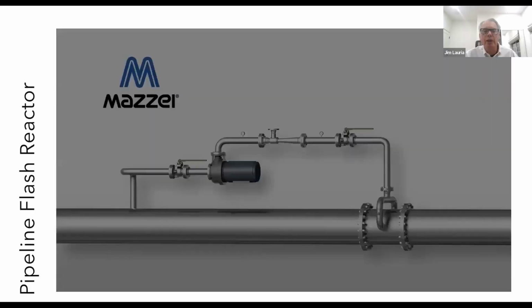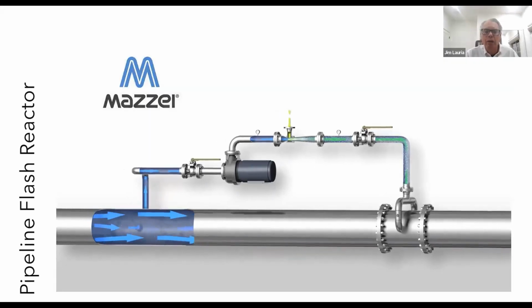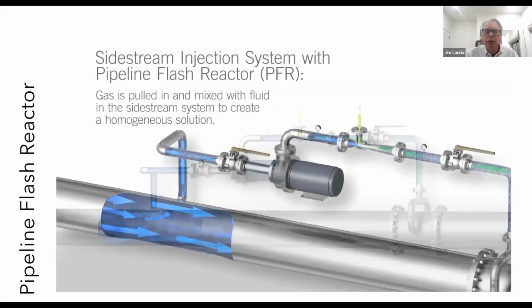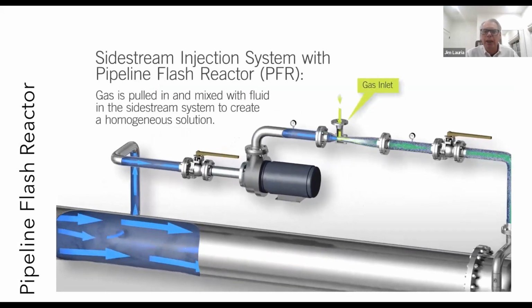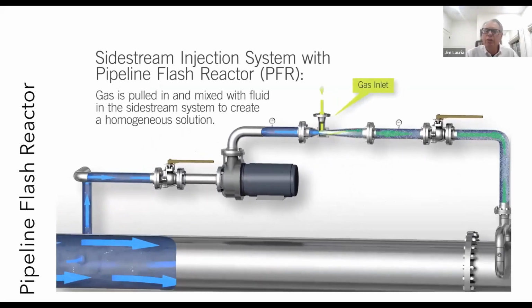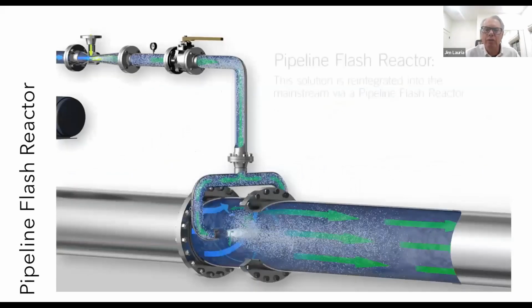So this is the animation. What happens is basically that's the main flow, and you're taking a side stream through that pump. It's maybe about a 10% side stream. And then you pump up, and basically for a venturi, you have to create the pressure differential across that venturi.